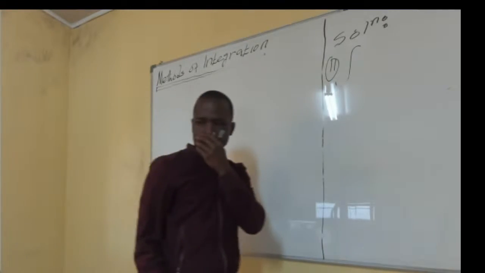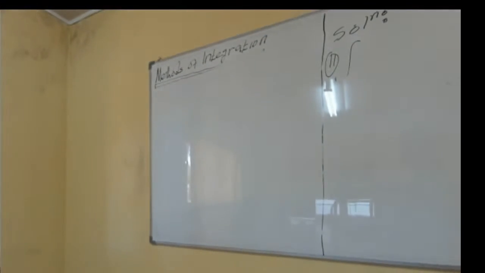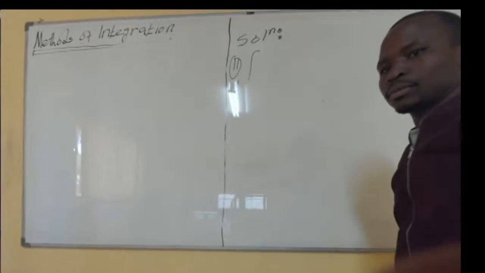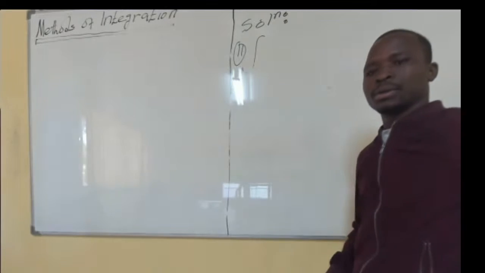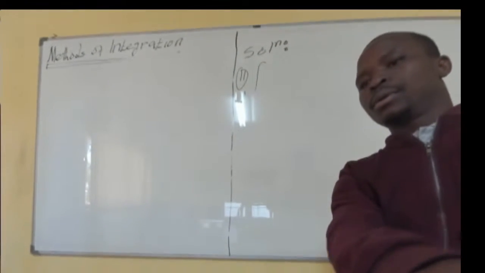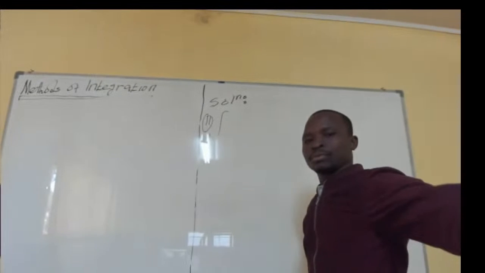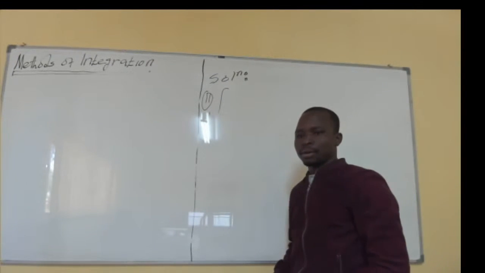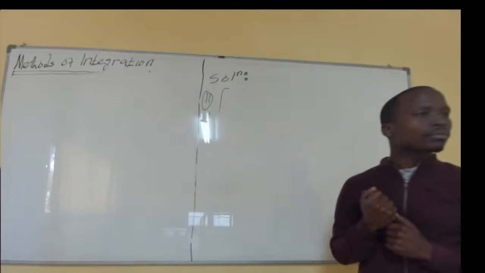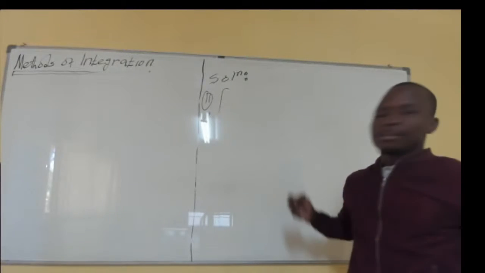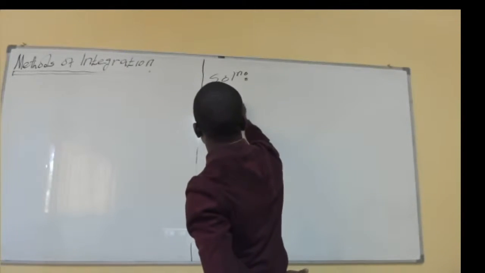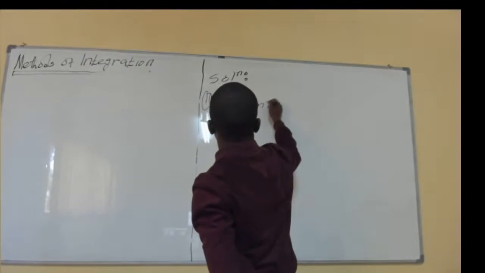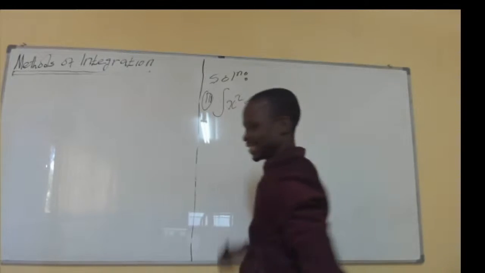So let's look at part 3. Part 3 is talking about the integral of x squared times sine of x power 3 dx.